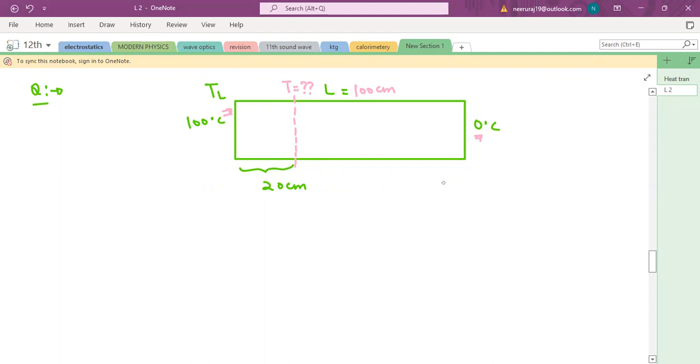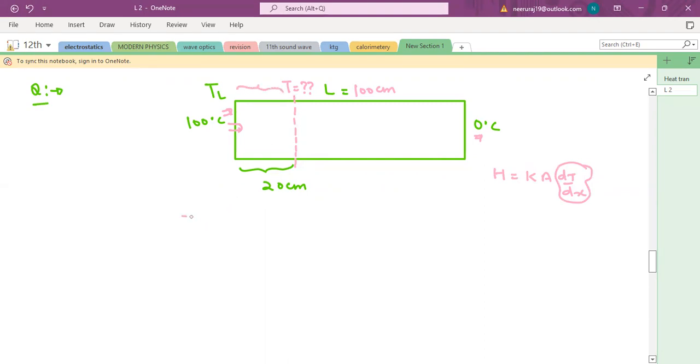As you know, through this complete rod the heat current will be the same. So the left hand side H is constant, K is constant, A is constant, so the temperature gradient must be constant. What is temperature gradient? Rate of change of temperature with respect to position. So how much is the rate of change of temperature in this part?